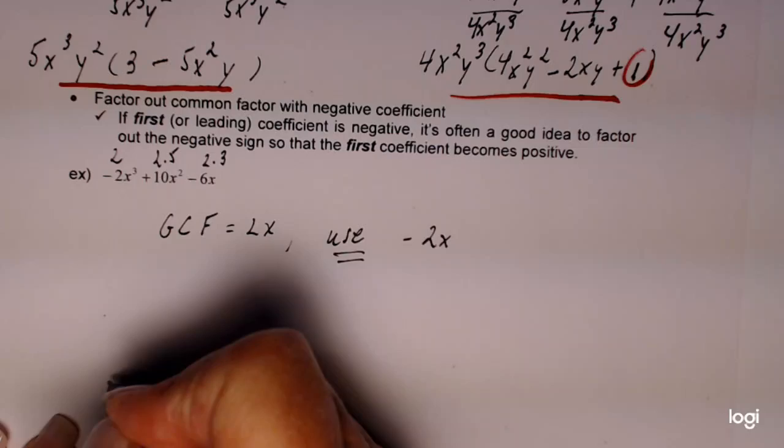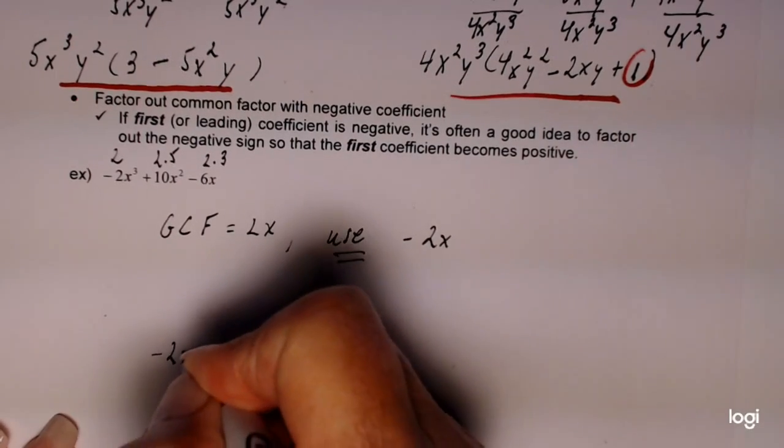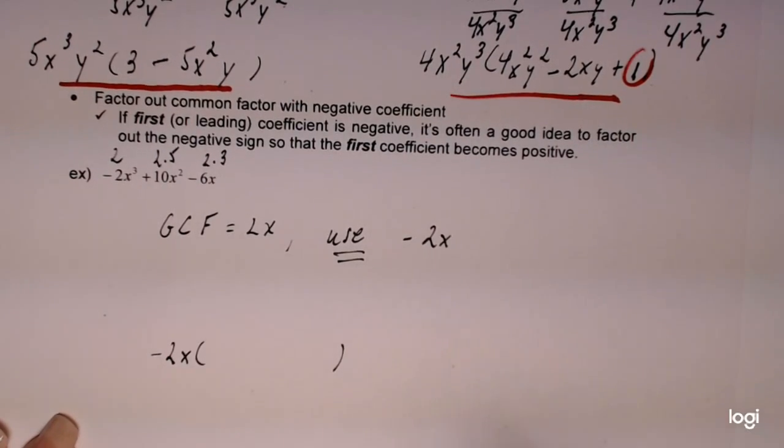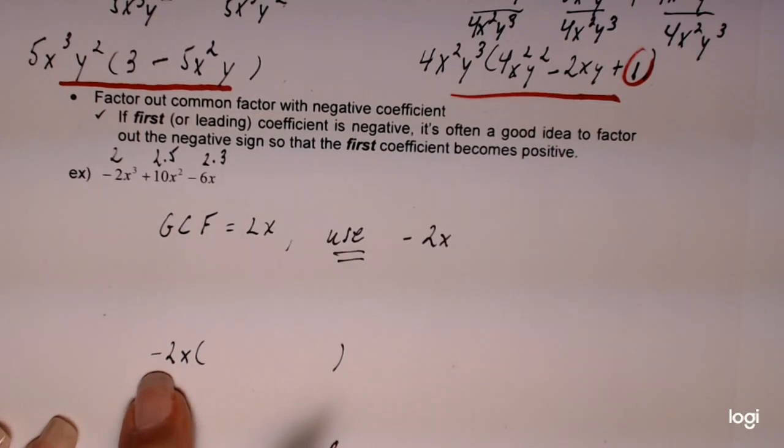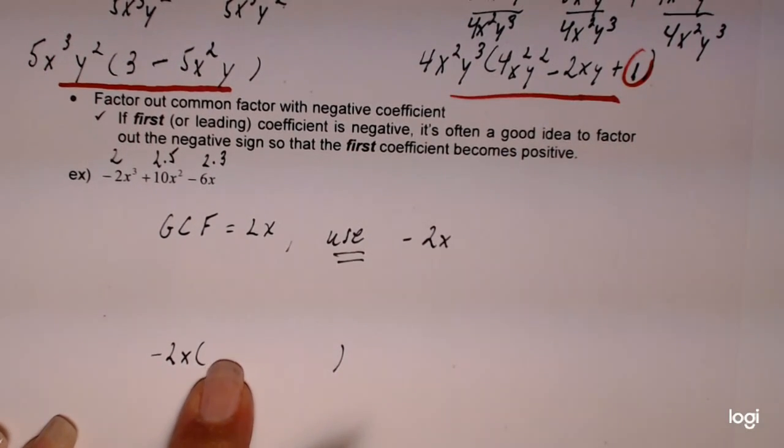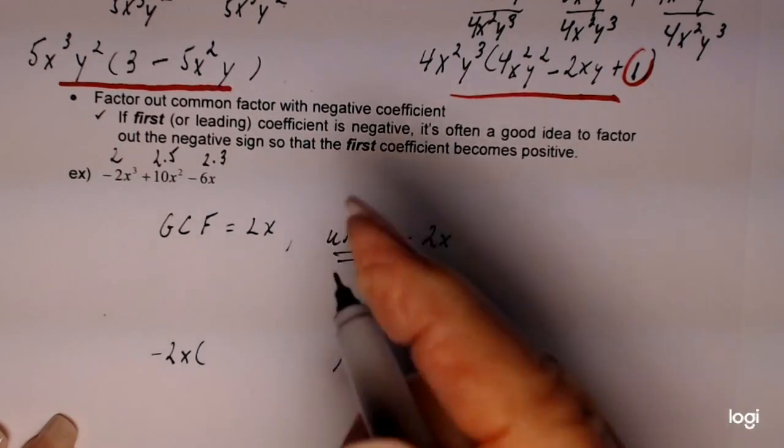So again, we're going to have negative 2x, and the reason for this minus sign here is so that this first term in here is positive. So let's do this division.